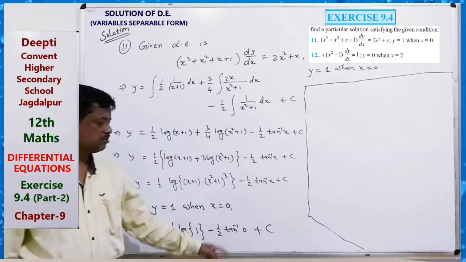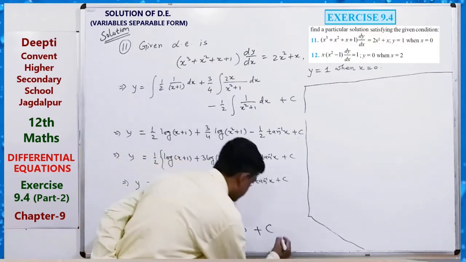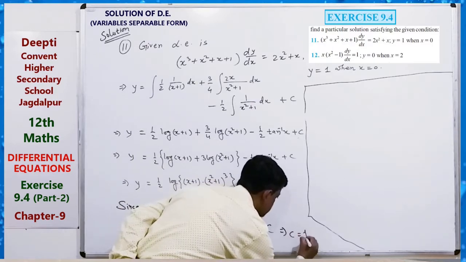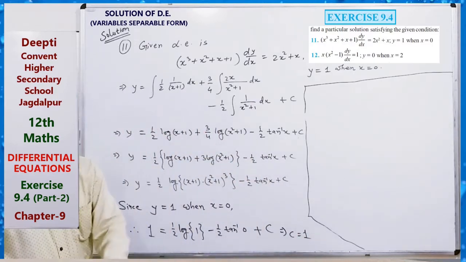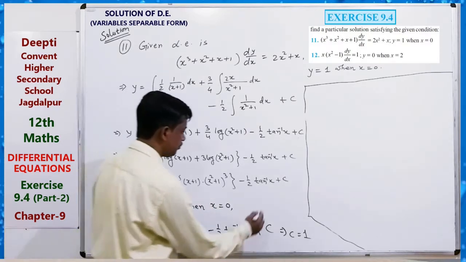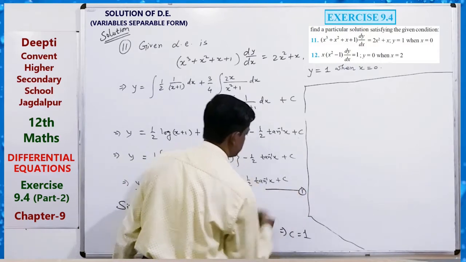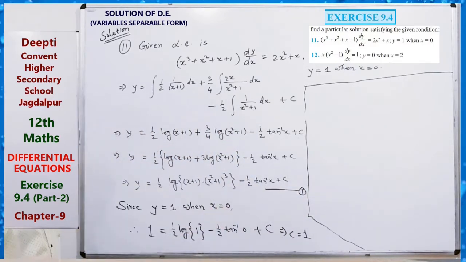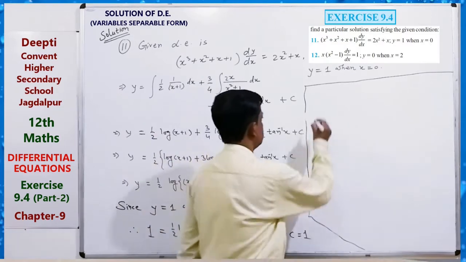Log 1 is 0, tan inverse 0 is 0, so c equals 1. We get the value of the constant c equals 1. So just put the value in this. This is the solution.